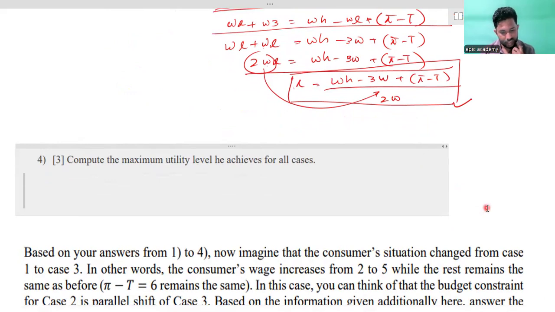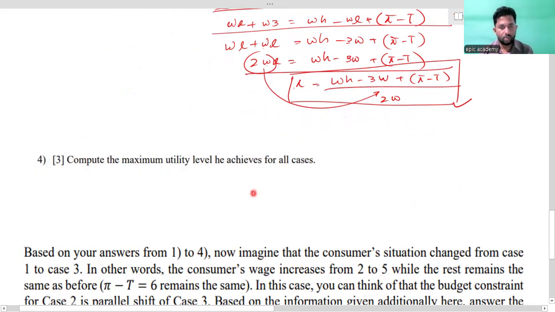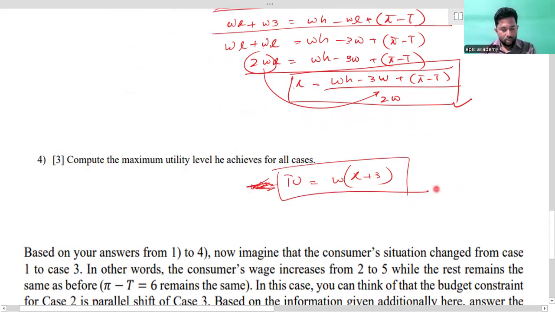The utility maximizing equation we already got. The total utility function, C equals W within brackets L plus 3.